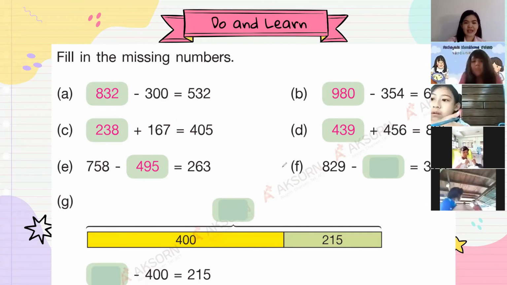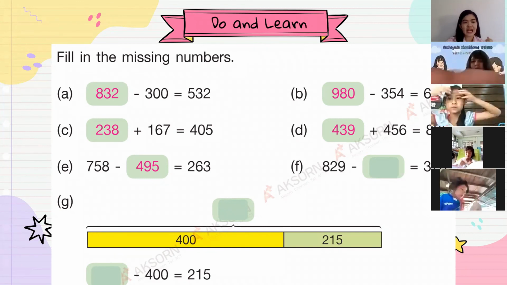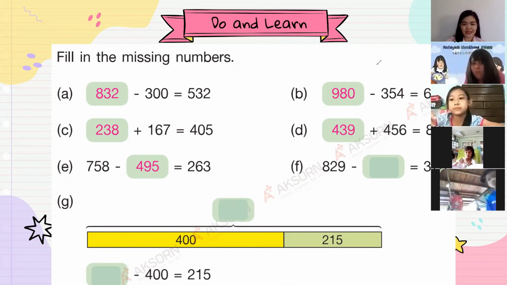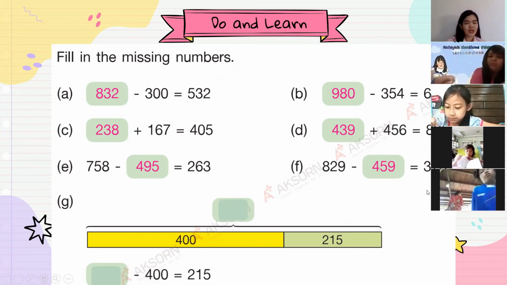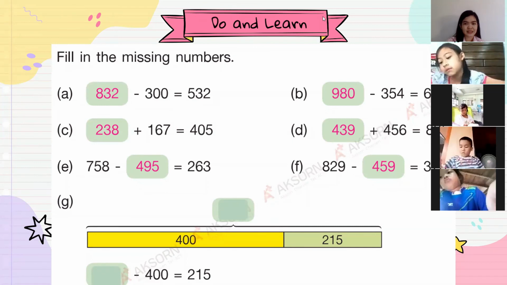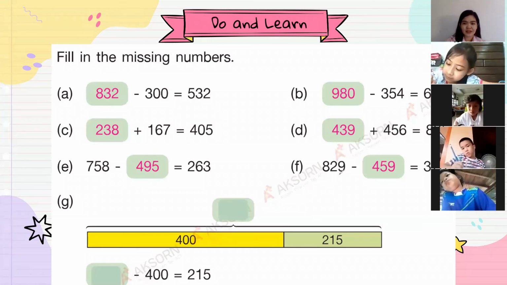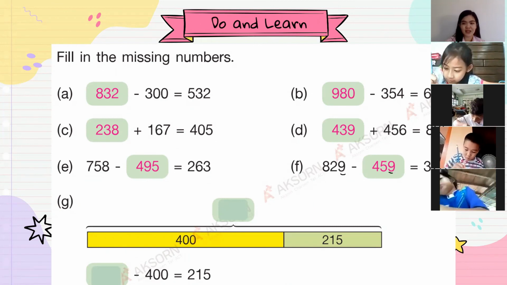Okay, so next letter F. So 829 minus blank. We're going to minus 829 to 370. So what will be the answer? 459. So let's check if it is correct. So 9 minus 9 is equal to 0.